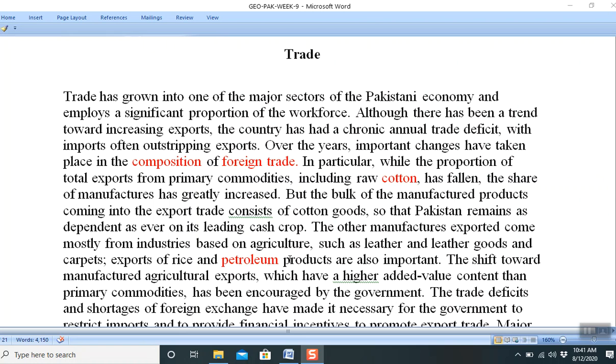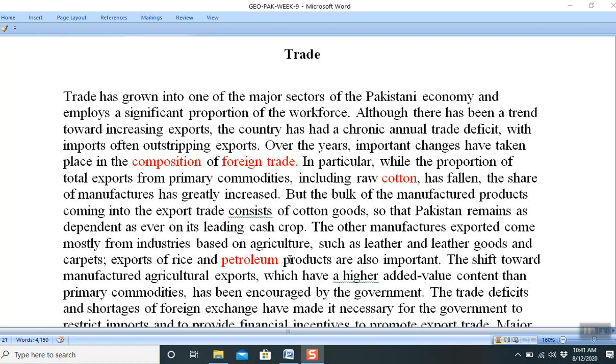When a country produces goods and sends them to other countries, it is called export. Similarly, a country at the same time requires many other things which are not produced in that country, and it imports those things.